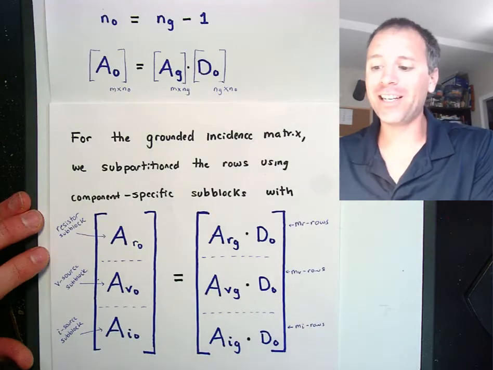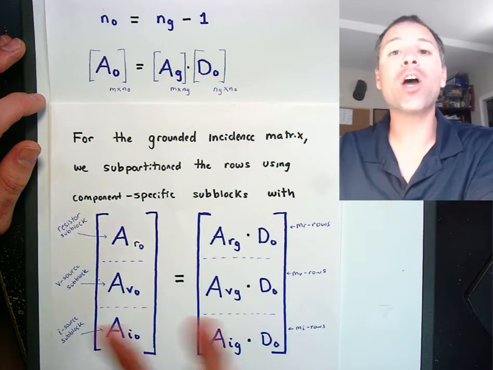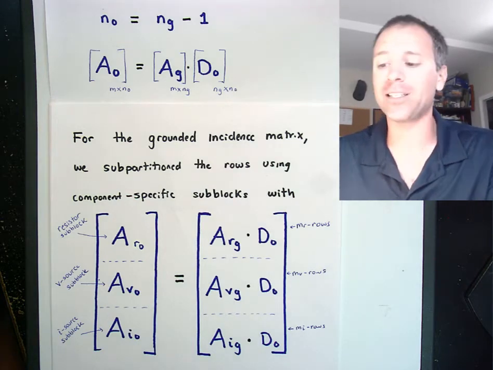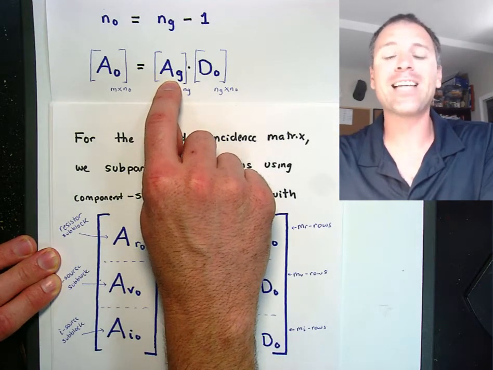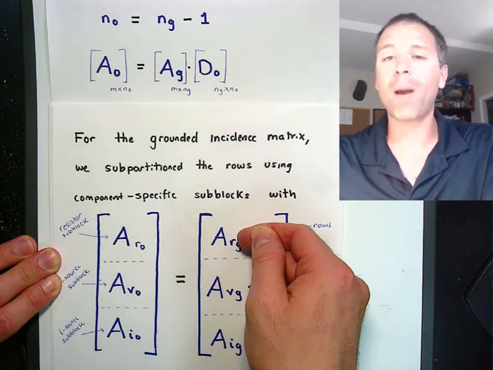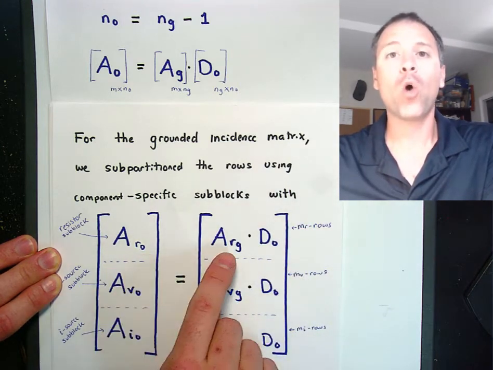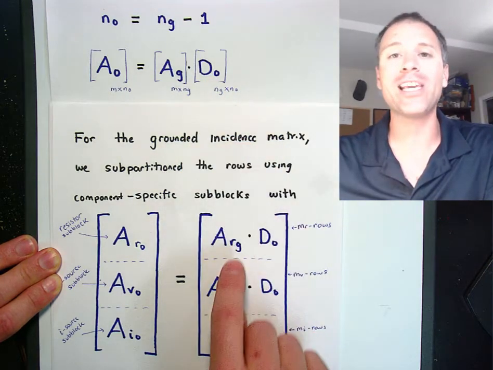It's worth mentioning here that in this multiplication, we actually carried through the sub-block partitioning using the element type. So specifically, we had said earlier on in step 3 that the entire incidence matrix we could partition into element type. When we grounded it, we actually could bring the deflation matrix into each subblock.